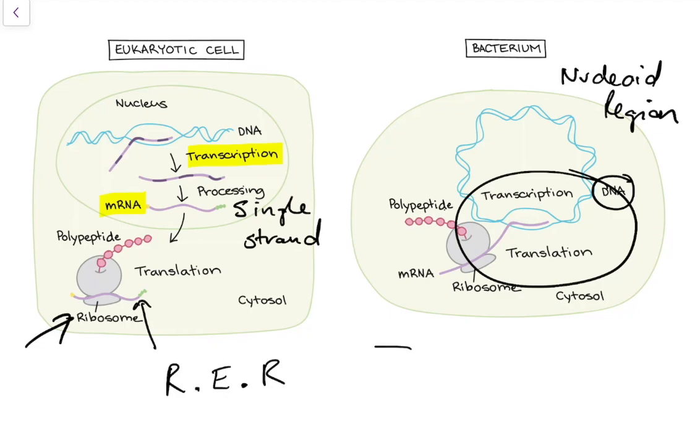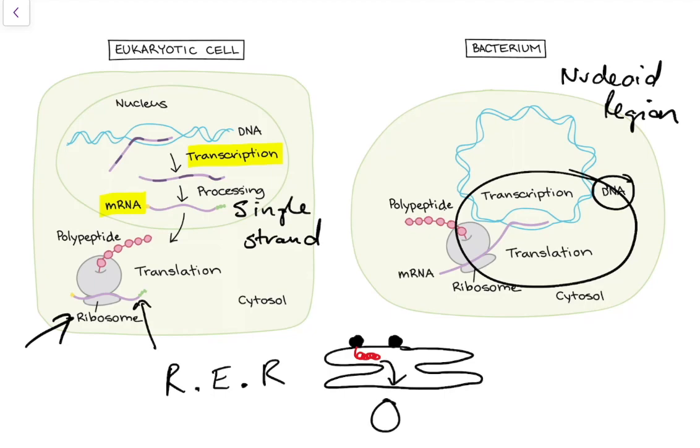The rough endoplasmic reticulum were those flattened sacs where we have ribosomes, which we drew as these circles. What happens is the ribosomes attach to the rough endoplasmic reticulum and create the protein inside, and then that protein will move through before being packaged up into a vesicle.